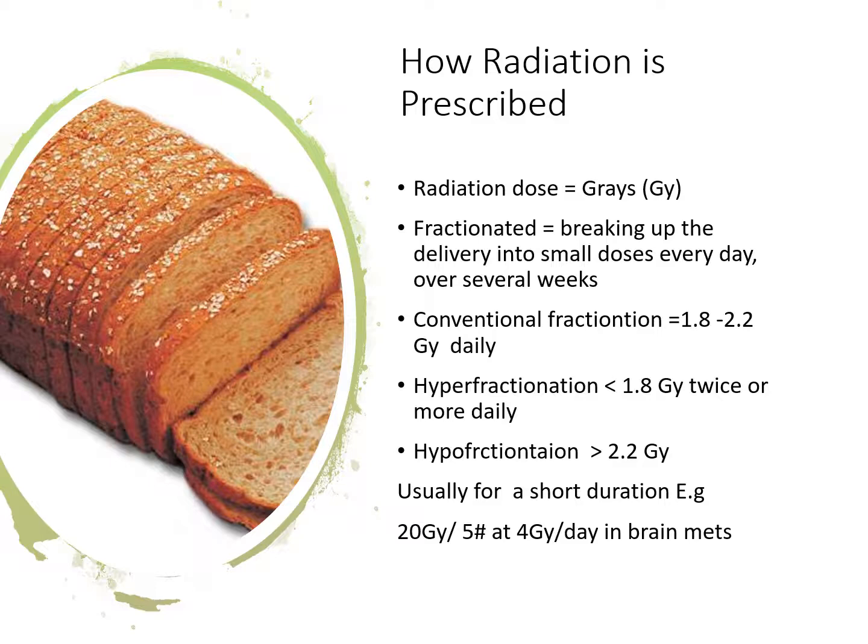The answer is that radiation therapy is given in doses, in small slices. Imagine the radiation therapy to be a big loaf of bread, and now the radiation therapy is given in slices, in what we call fractions.